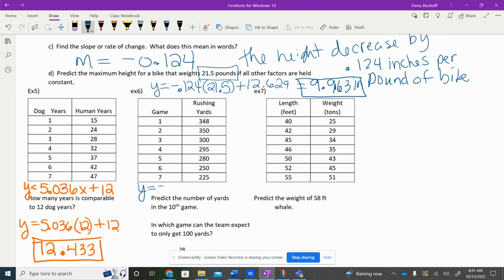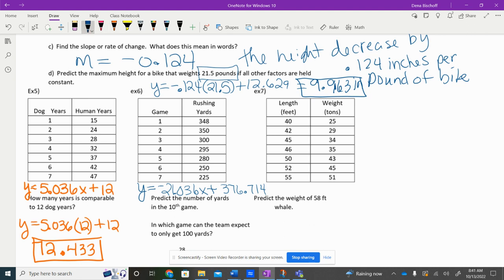I didn't hear you. Negative what? So negative 21.036 x plus, what's your b value? 376.714. Okay. So predict the number of yards in the 10th game.